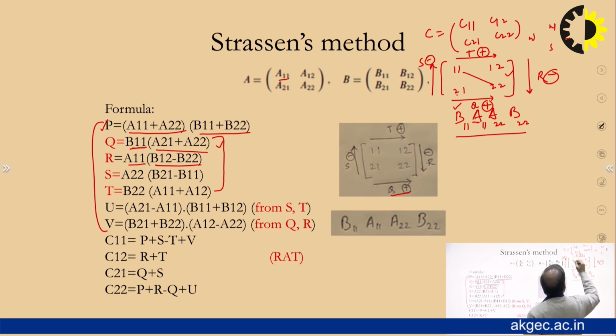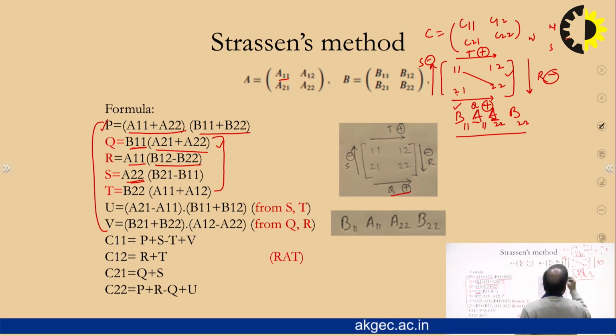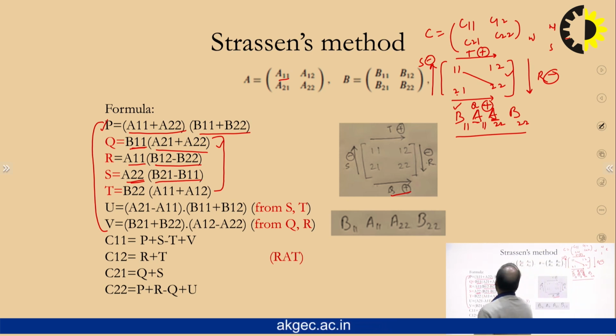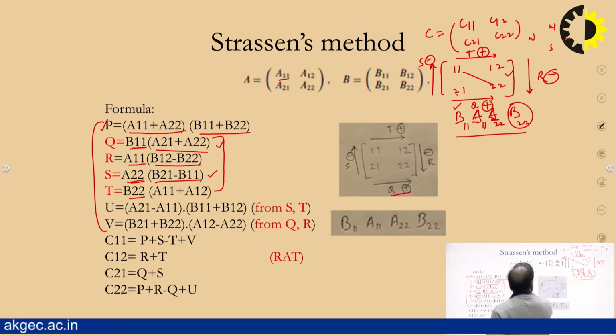Outside is A22, so inside will be the opposite of A, that means B: B21 minus B11. This is simple. Now if you look at T, for T we are going to consider B22. Very simple, B22.